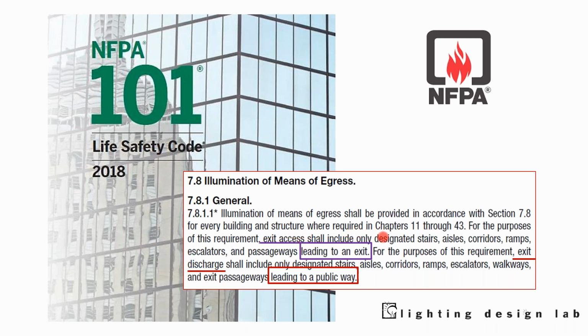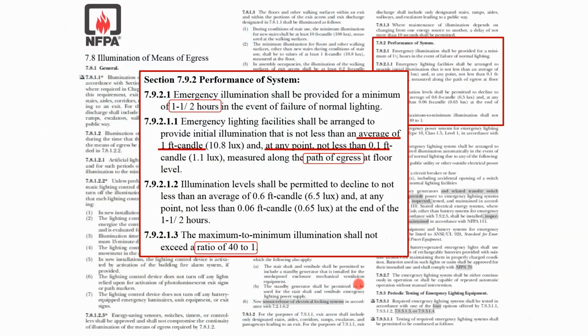Exit access is stairs and aisles, etc., that lead to an exit within the building. Exit discharge would be similar kinds of things, corridors, ramps, escalators, leading to a public way, i.e. outside the building. We'll see that language come up from time to time.